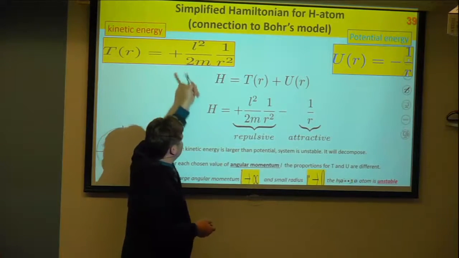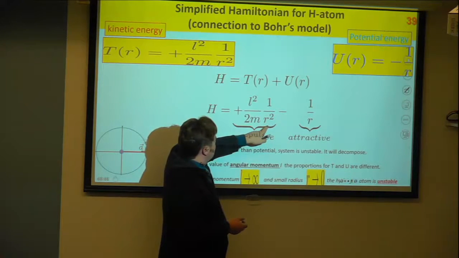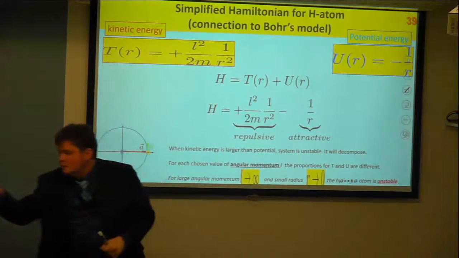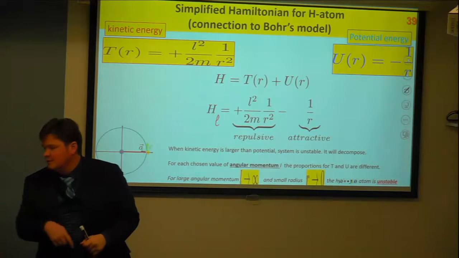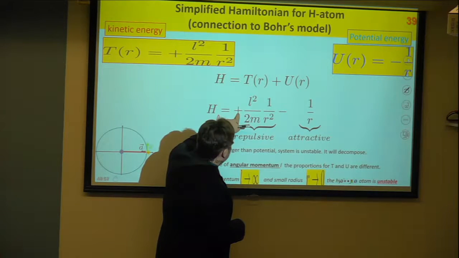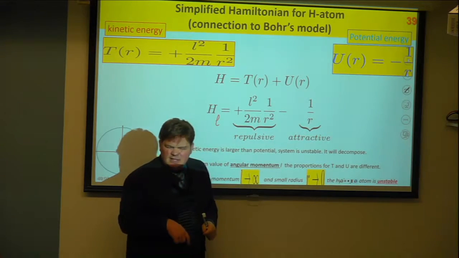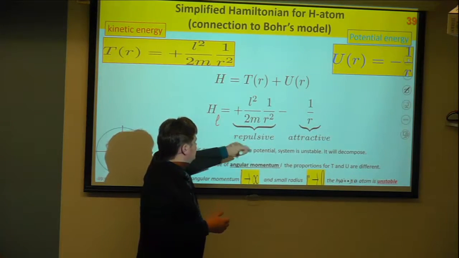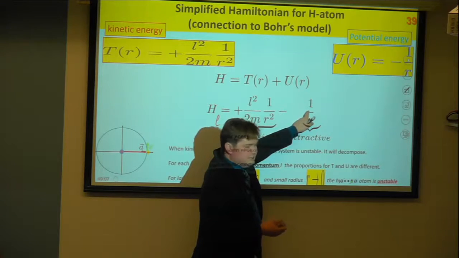And we plug in these expressions. This is constant if we fix value of angular momentum. So one is repulsive, centrifugal, away. Well, right now it's energy, and another is attractive, centripetal.